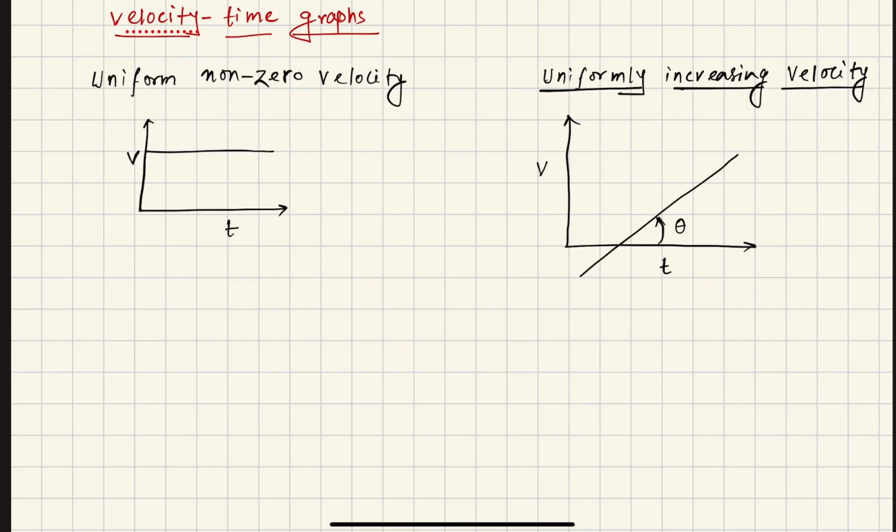It will have a positive slope with the x-axis. That is uniformly increasing velocity. I think it is clear.